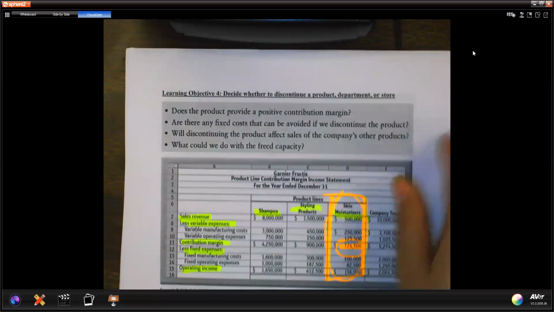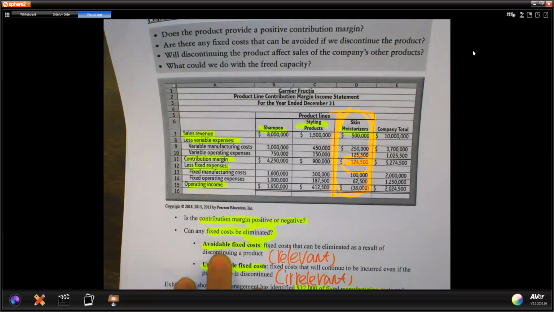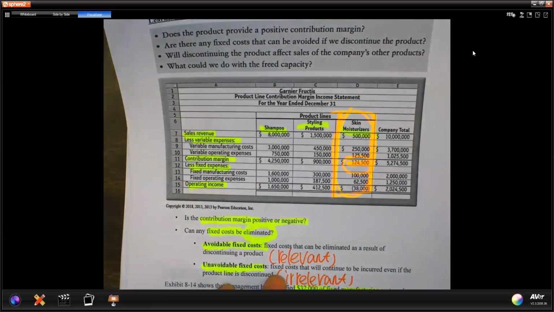The only new thing here is about the fixed cost. Some fixed costs can be avoided. We call it avoidable fixed cost. So that will be relevant. But if some fixed costs are not avoidable, we call it unavoidable fixed cost. So those will not be relevant because they're not avoidable. No matter whether you close it or not, you have to pay $10,000. There is no difference.